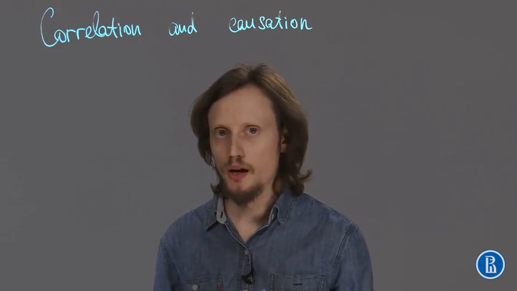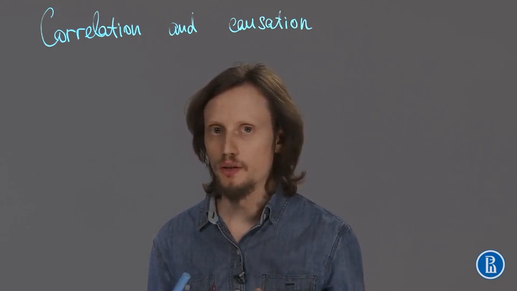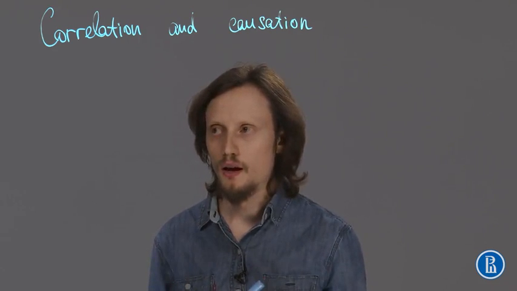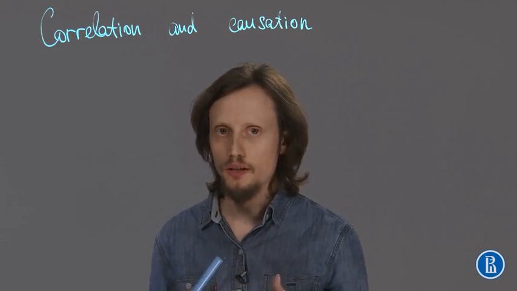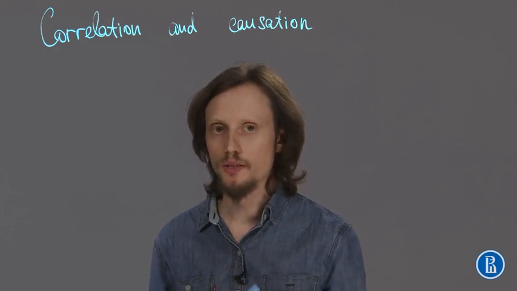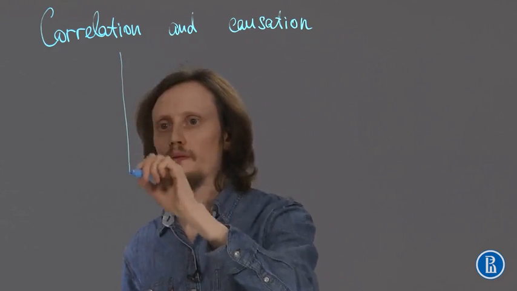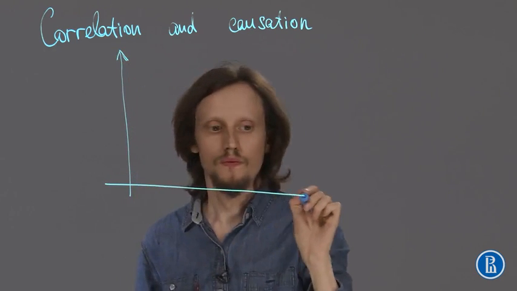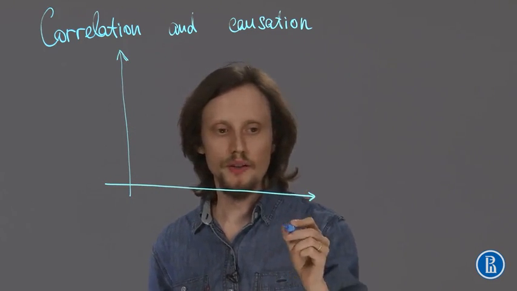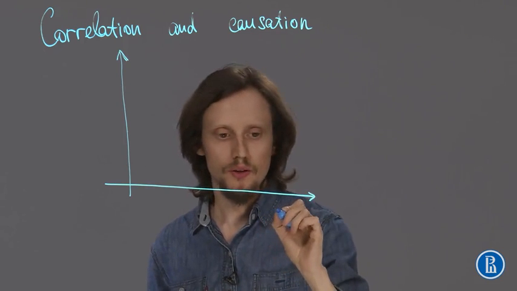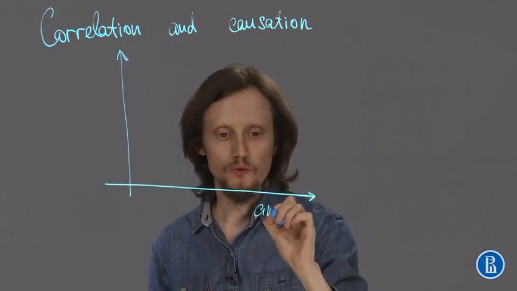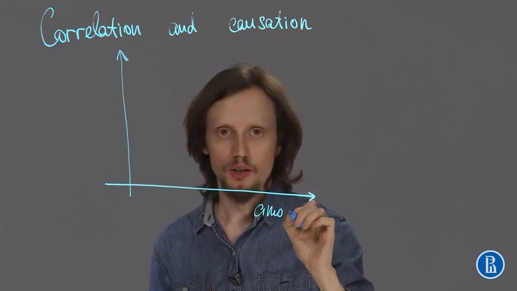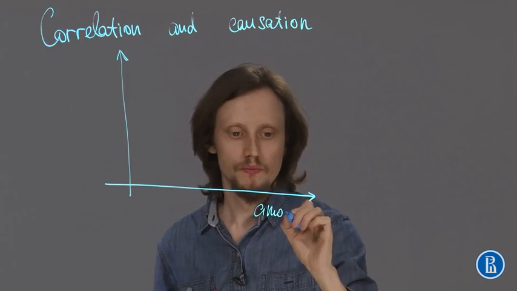It is possible that I collected some data using some kind of surveys and visualized this data in the following scatter plot. On the horizontal axis, I will draw amount of vegetables in the diet of my participants.